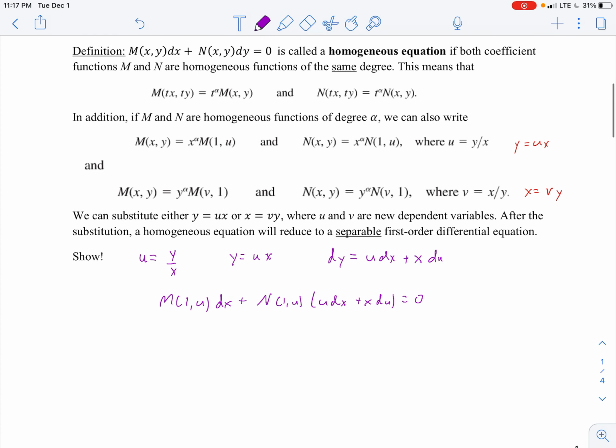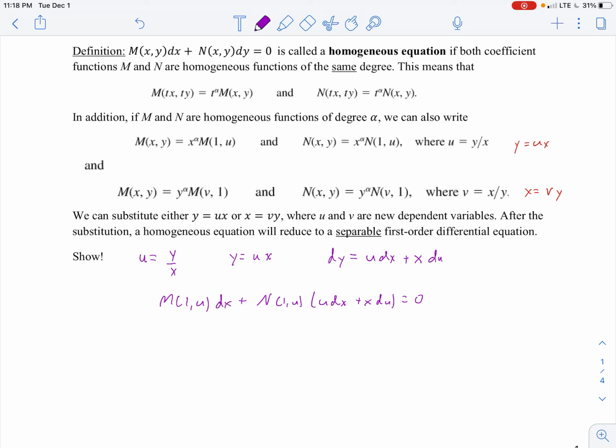Now, all we're going to do is try to make what appears to be an exact equation into a separable equation. And so now I have to figure out how we need to write that. Oh no, my Apple Pen is dead right now, so I'm just going to keep talking. So M and N are both now functions of u.